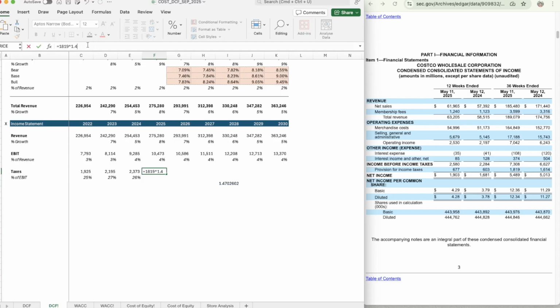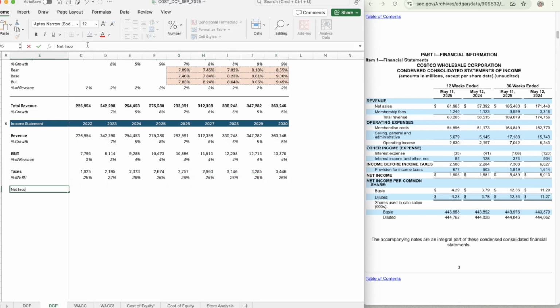Multiply by 1.47026. And for tax rate, we just go average. The EBIT multiplied by the tax rate gives us roughly what they will pay in taxes next year.